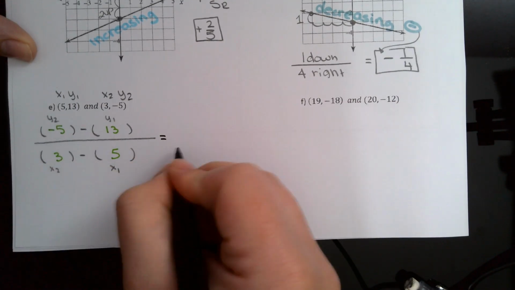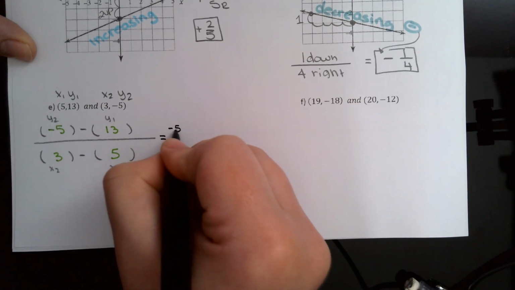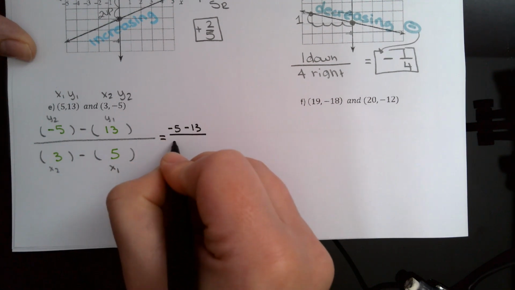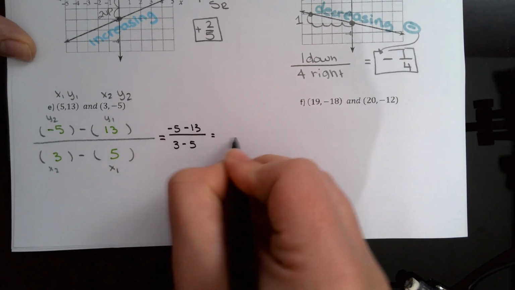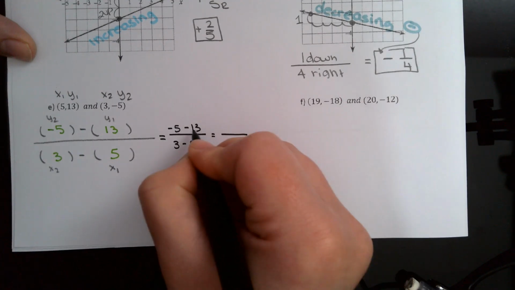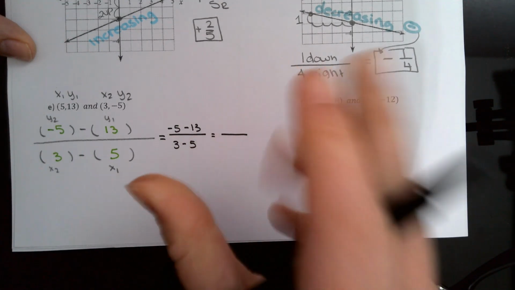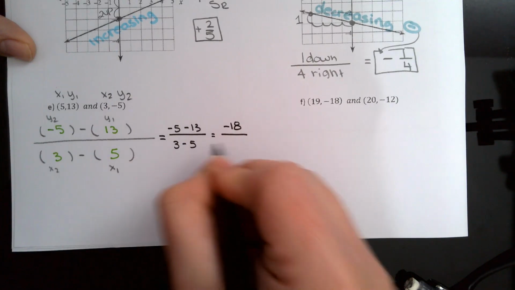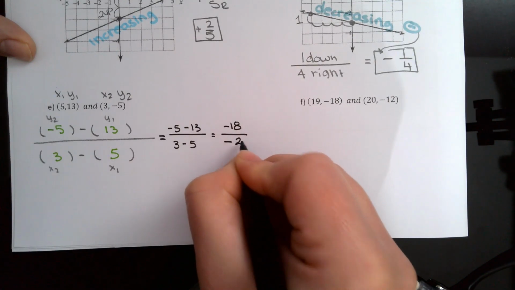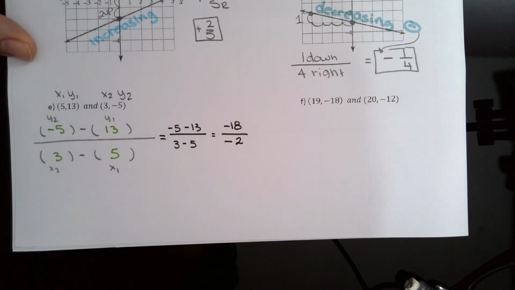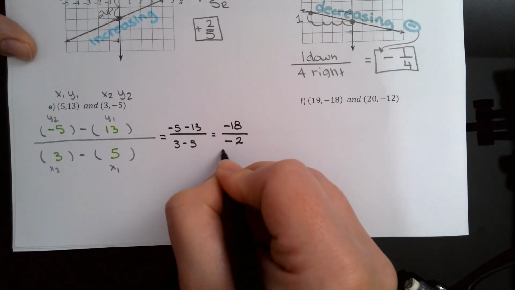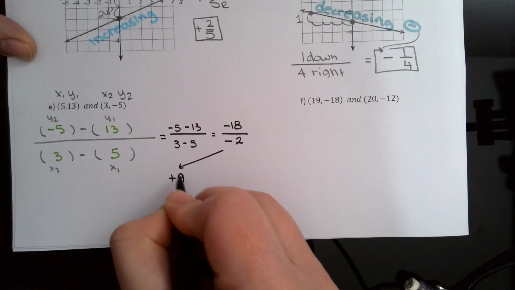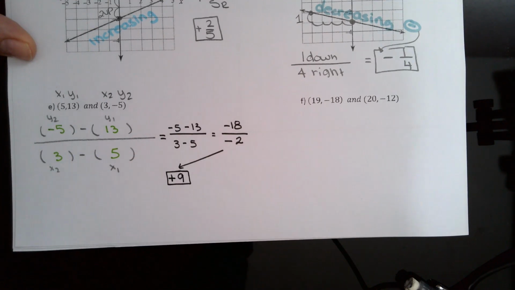Okay, double negatives? No. So we got -5 minus 13. Remember, it's counters on top, counters on the bottom. So we got 13, 14, 15, 16, 17, 18 negatives on top. 3 take away 5 is -2. Remember, if you can simplify, you have to simplify. So are these same or different? These are same. 18 divided by 2 is 9. So our slope is just 9.